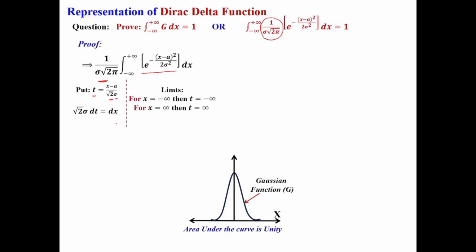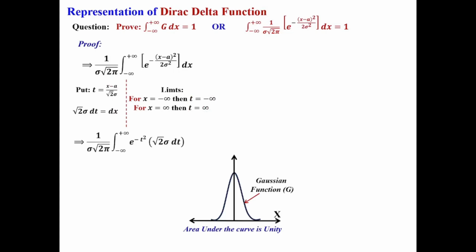Now let us find the new limits. For x equal to minus infinity, t also will be minus infinity. If x equal to infinity, then t also will be plus infinity. So the new limits will also be minus infinity to plus infinity.